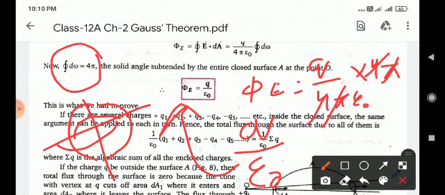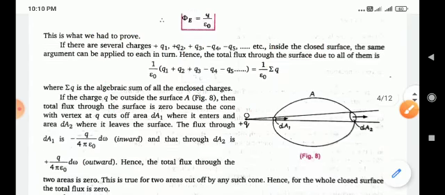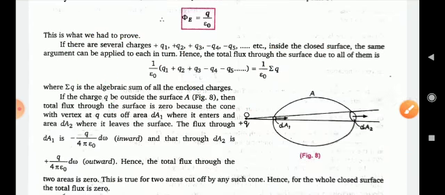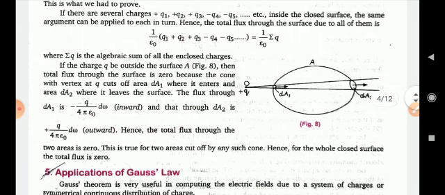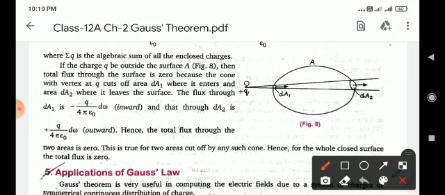Okay children, this is the part of electric flux. Here we consider two surfaces, that is dA1 and dA2. dA1 is the first area vector and dA2 is the second area vector.